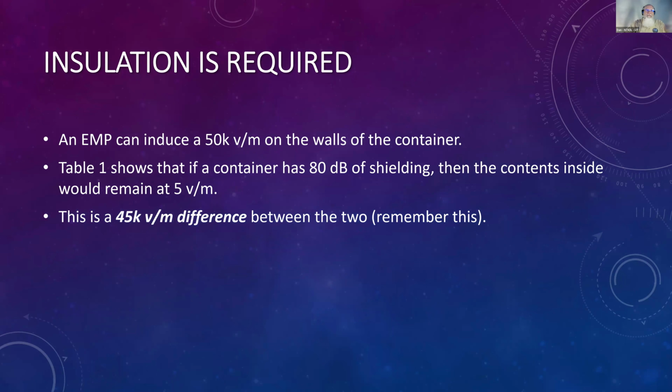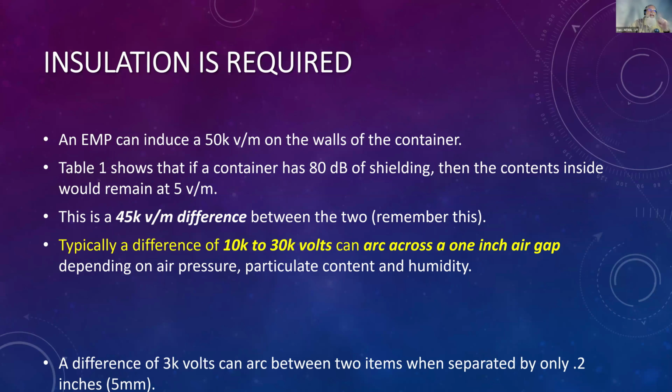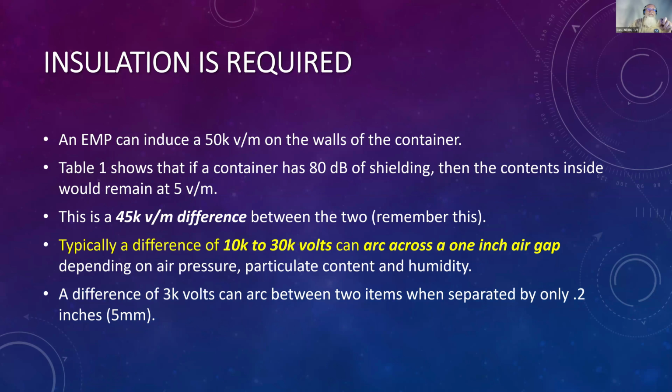However, there's a 45,000 volt per meter difference between the two. Remember that. Typically, 10 kV to 30 kV can arc across a 1-inch air gap depending on air pressure, particulate content, and humidity. A difference of 3,000 volts can easily arc between two items when separated by 0.2 inches.